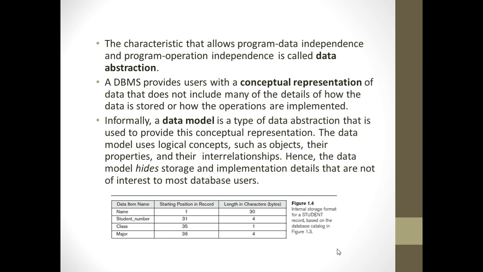So this particular data model will hide the irrelevant details. For example, I may have name, student number. These are internal storage formats, which are not relevant to the application programmer.